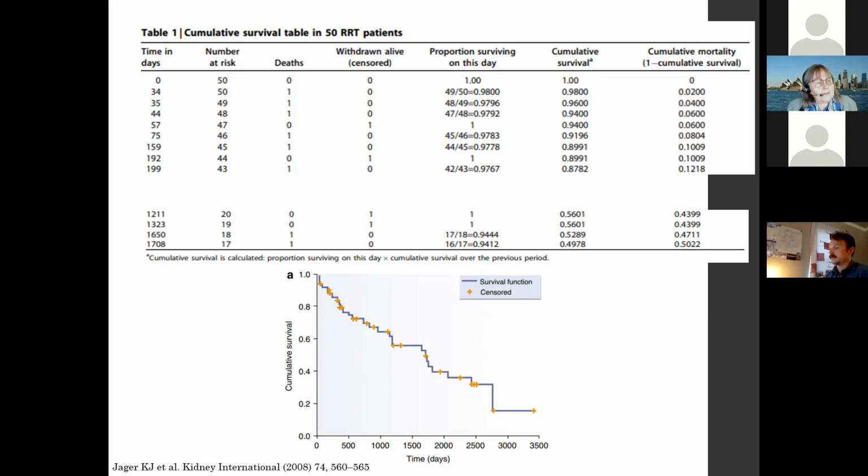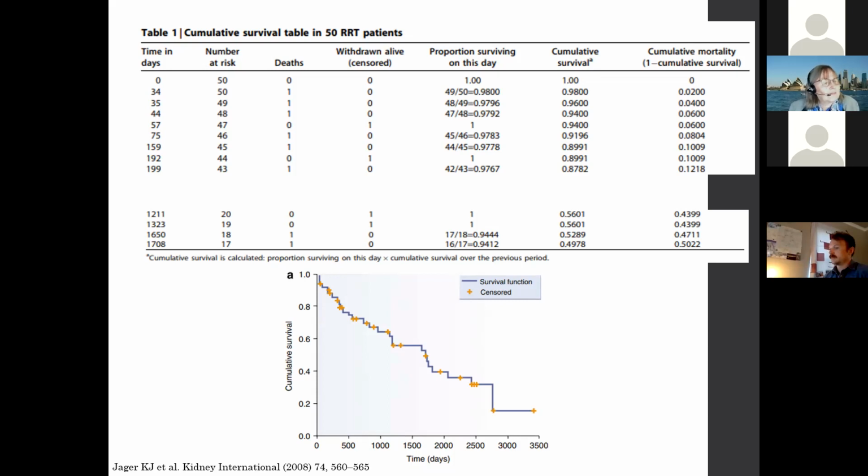To calculate the cumulative survival, you multiply this value by the value above it. So that's 1 times 0.98, and you end up with 0.98. You can calculate the cumulative mortality by 1 minus the cumulative survival. So 2% had died at day 34.